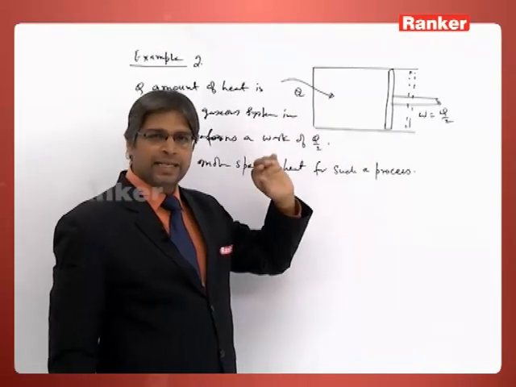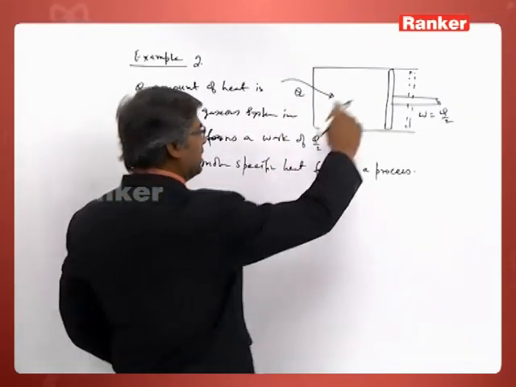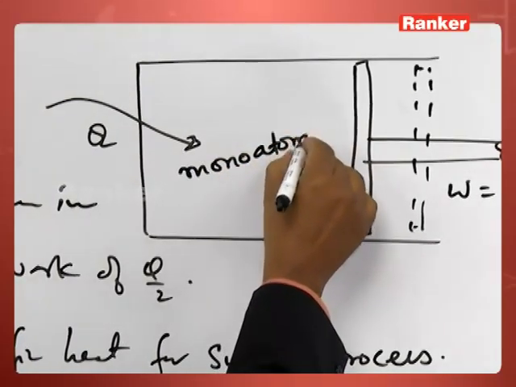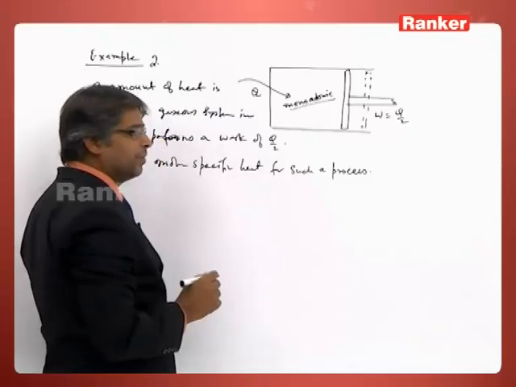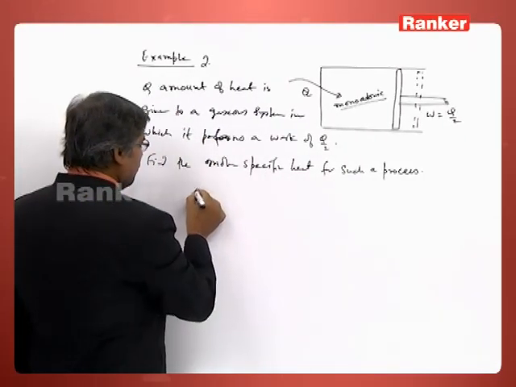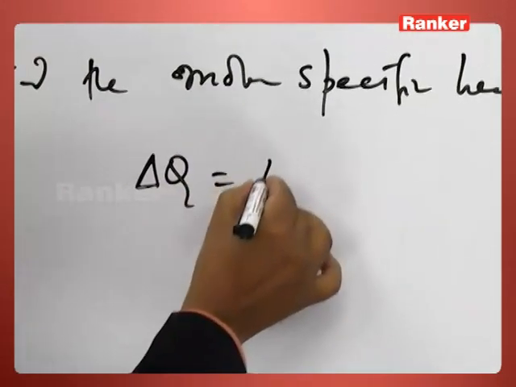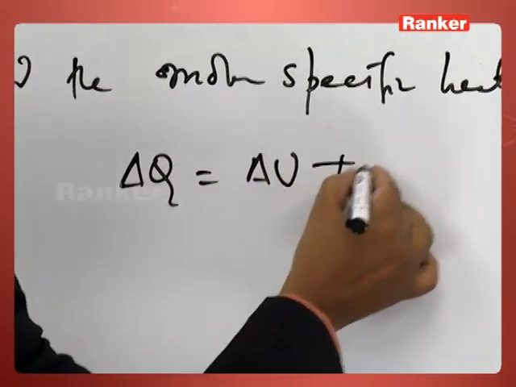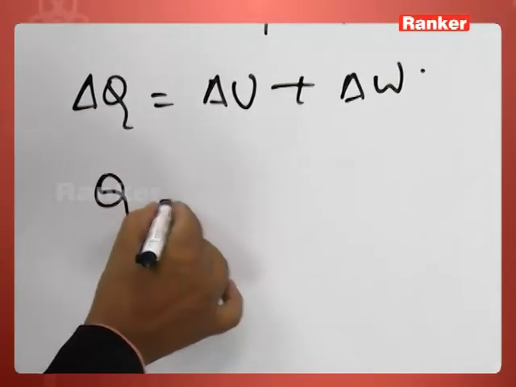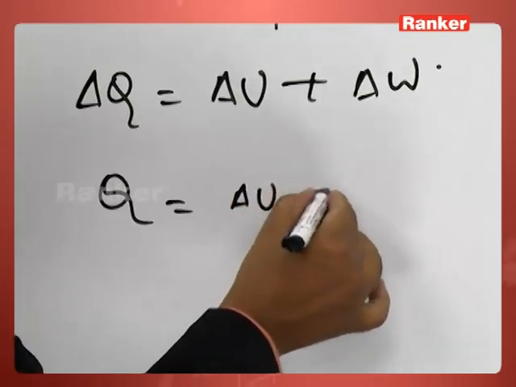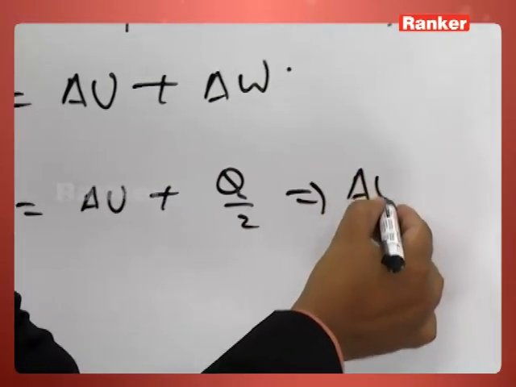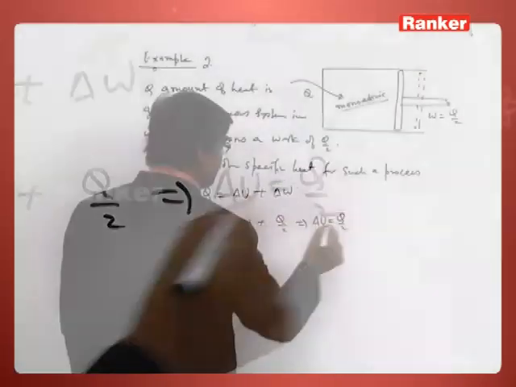If we are interested, we can assume a monoatomic gas inside it. Suppose it is a monoatomic gas. So its CV is now known. You see here, the first law tells that delta Q is equal to delta U plus delta W. It is given as Q, delta U, and it is given as Q by 2, which implies delta U is equal to Q by 2.